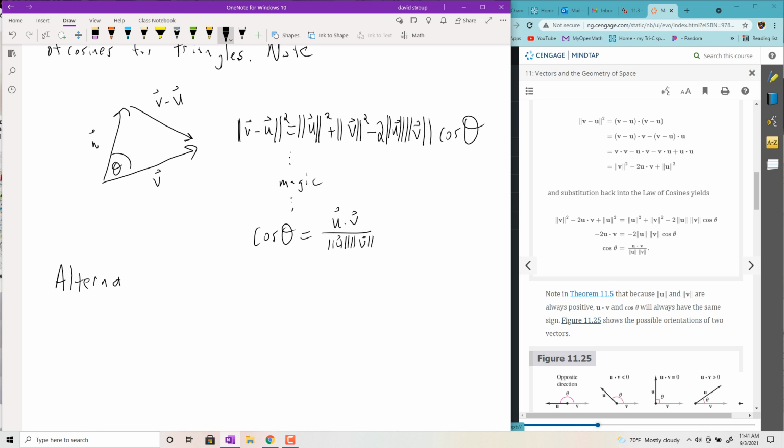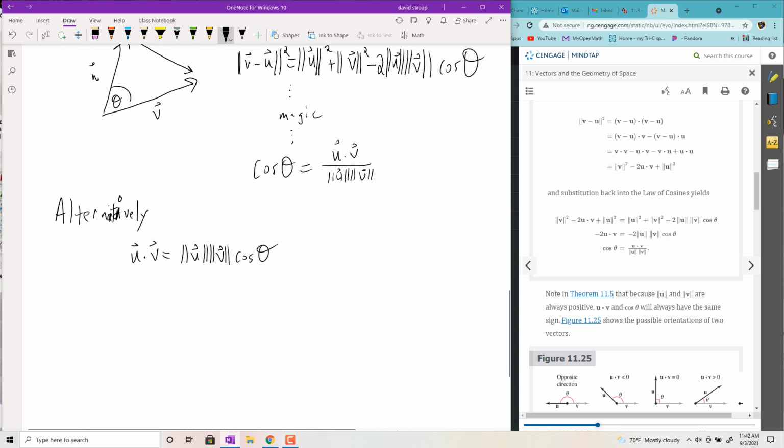So alternatively, sorry about my spelling, we could solve for u dot v, and then we have our nice relationship between the dot product and this angle theta.